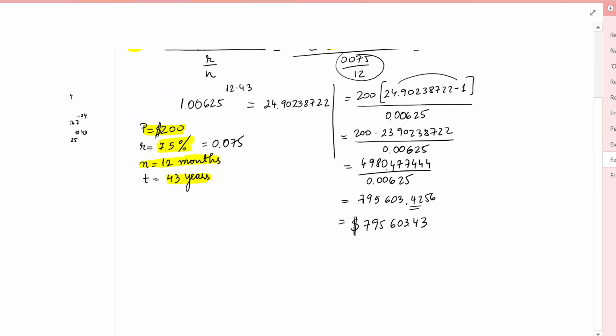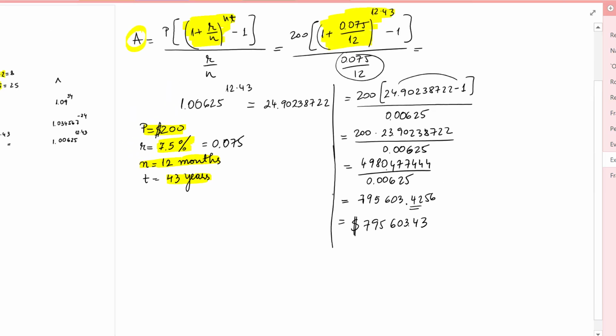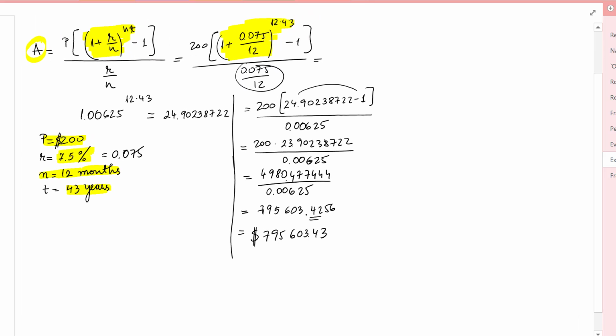So in other words, if I tell you the story of this problem, it's going to be like this. If you put $200 every month in an account that gives you 7.5%, and you do that for 43 years, you are going to end up with $795,603.43.